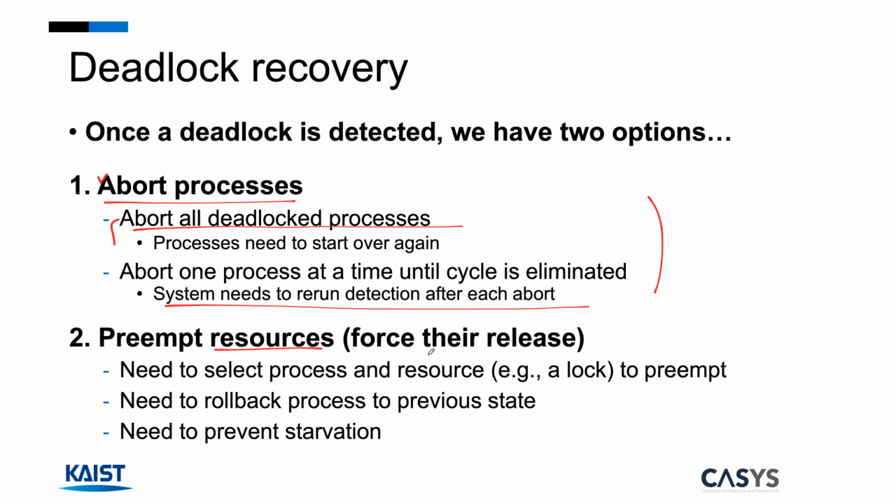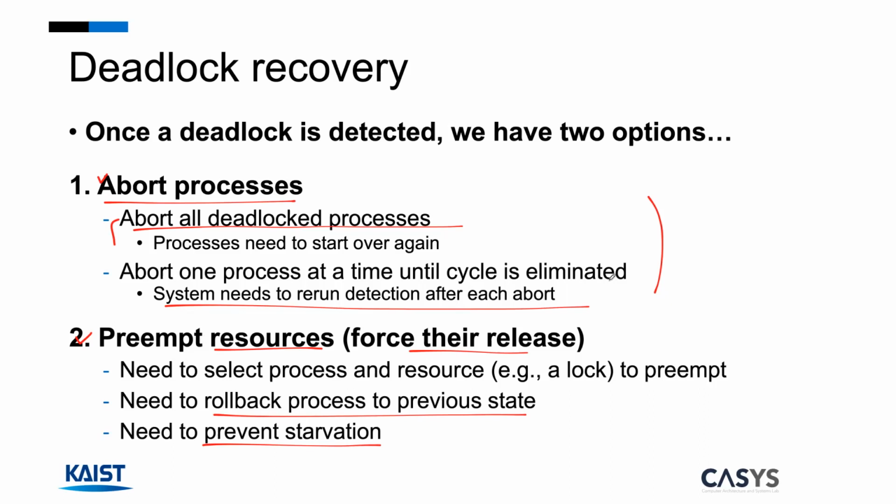Of course, to release the lock, it requires some way to roll back the process to its previous state before holding the lock, and a way to prevent starvation. Usually transactions support this kind of approach, but again, this is also optimistic. After this recovery, deadlock may or may not happen.